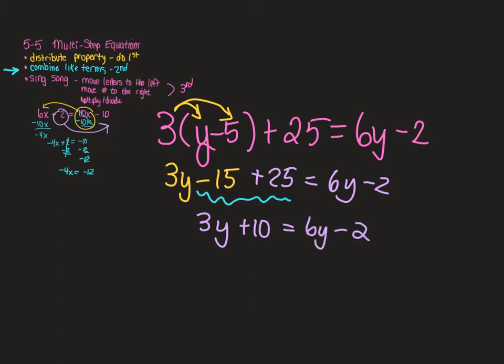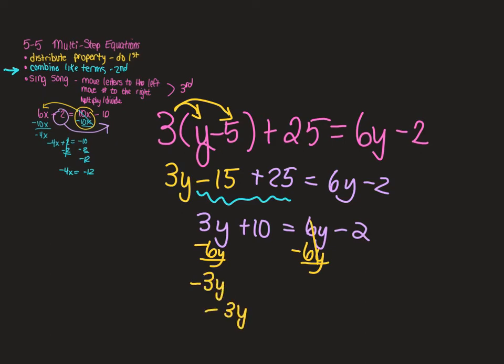Now I'm ready to do my songs. I'd like to move my letters to the left, move my numbers to the right, and usually end up multiplying or dividing in the end. So I'm going to do minus 6y and get negative 3y. Rewrite.